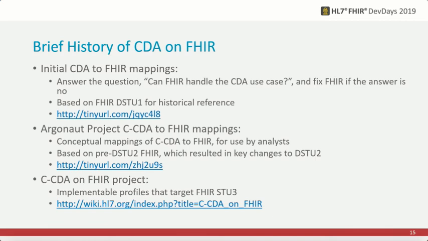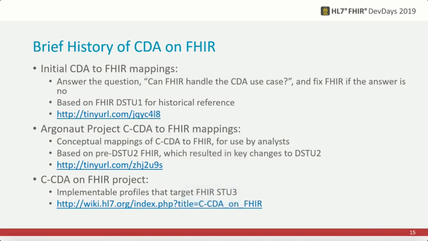C-CDA on FHIR also defines a series of extensions. I won't go into this too much, but basically in FHIR we follow what's called the 80-20 rule, and anything that's not needed by 80% of implementations worldwide is usually pulled out of the core resources and used for extensions.